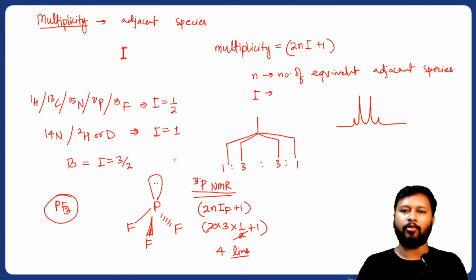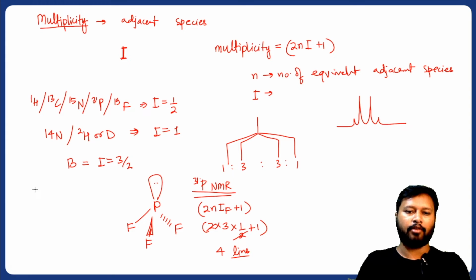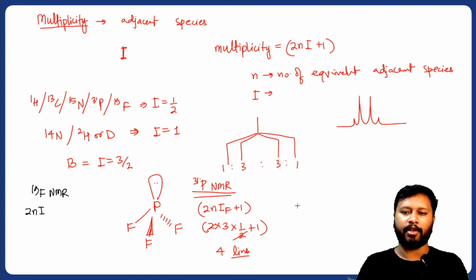Now let's say in the same molecule, instead of finding 31P NMR, we are going to find fluorine NMR, that is 19F NMR. What will happen? Who is going to split now? Fluorine is not going to split on its own; it will give a single peak.